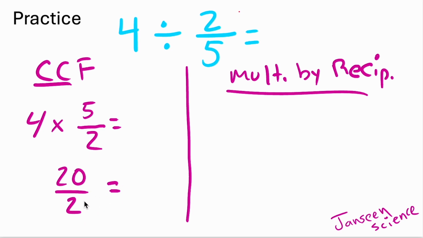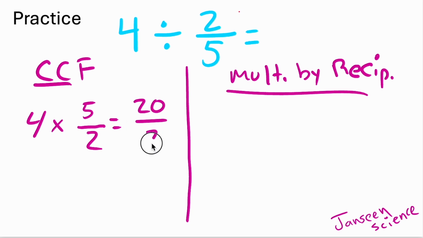So 4 times 5, that's 20 over 2. So 20 divided by 2 is 10. And if you don't know how I got the 10, let me go ahead and do the long division for you. So you have 20 over 2. And then this is your long division symbol.